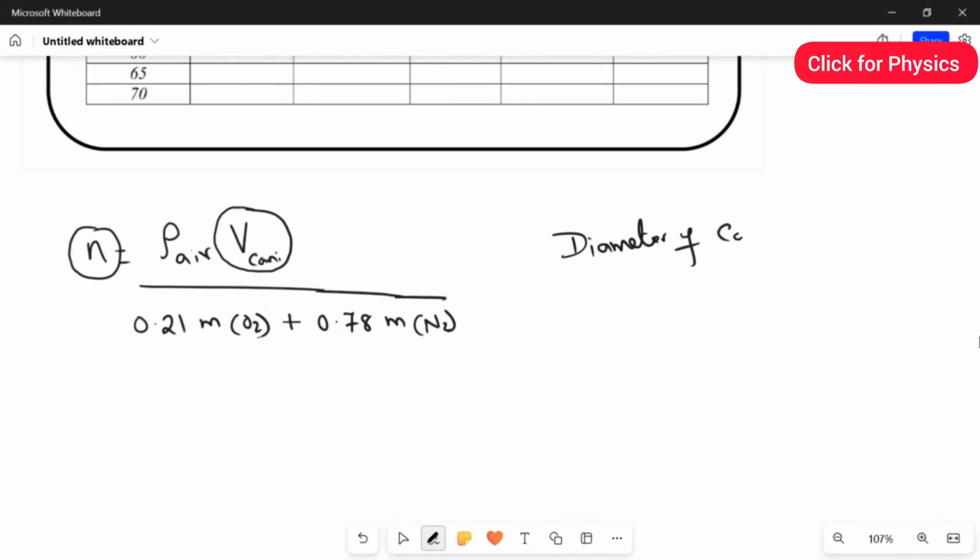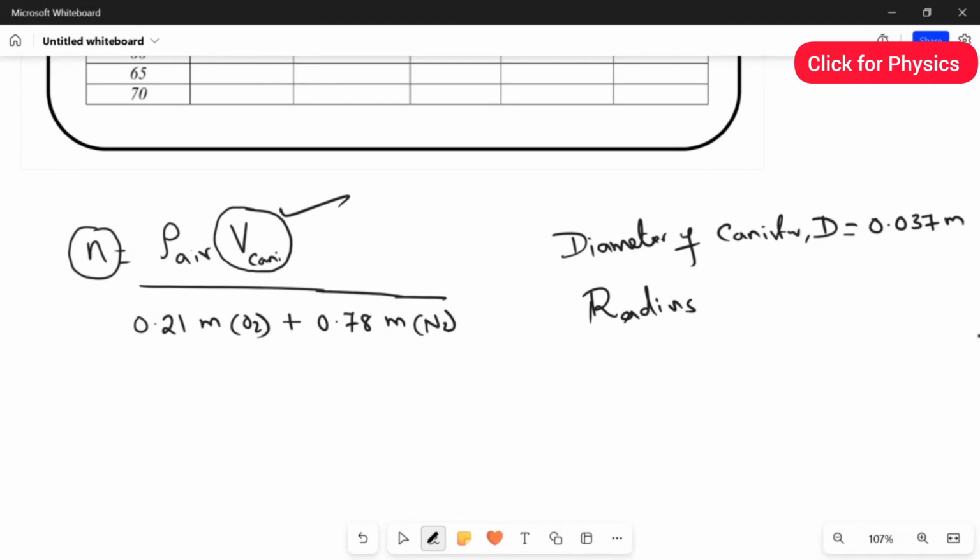The diameter of the canister, capital D, is equal to 0.037 meter, and if you divide this value by 2, you will get the radius R. So here the capital R is not a gas constant, it is a radius, because we are going to find the volume of the canister.